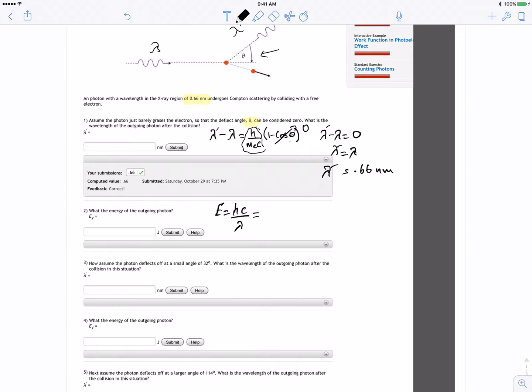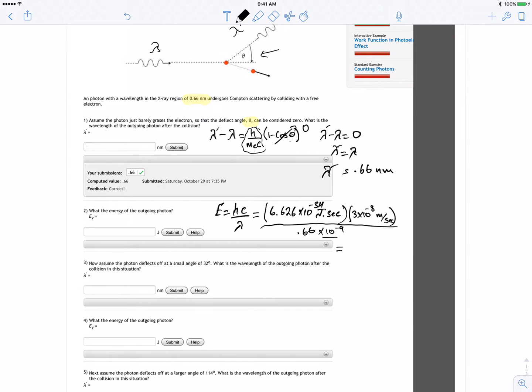We're using h equal to 6.626 times 10 to the negative 34 joule seconds, times the speed of light, 3 times 10 to the 8 meters per second, divided by the wavelength 0.66 times 10 to the negative 9, because it's in nanometers.